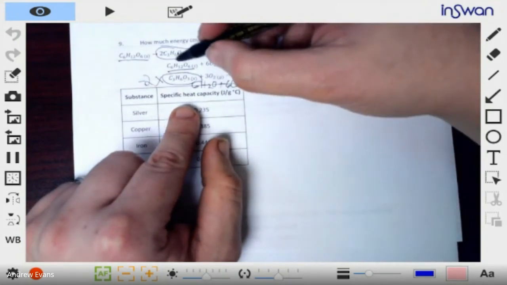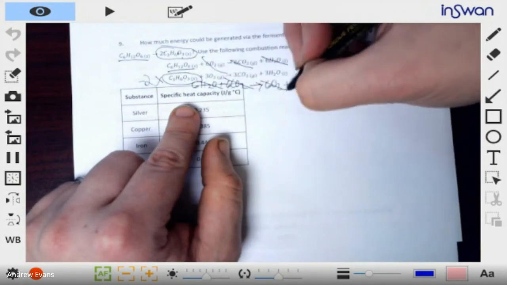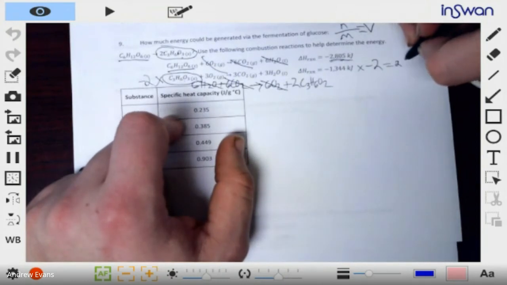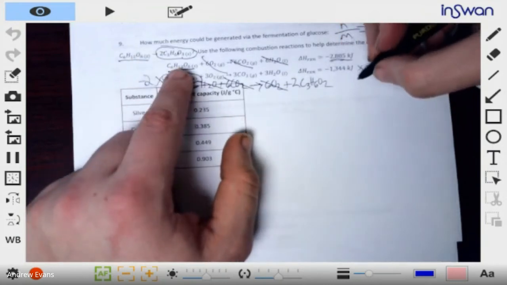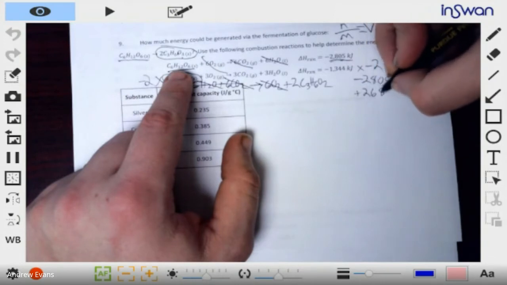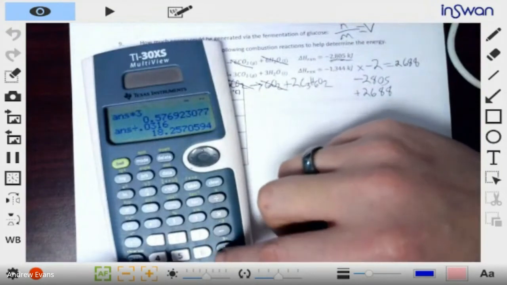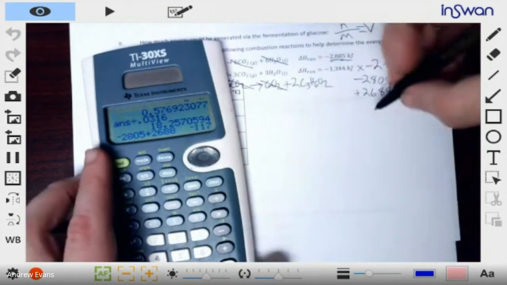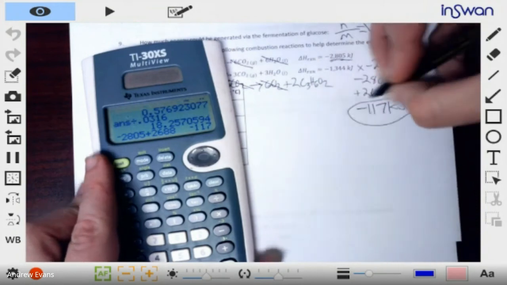So when you do that, the 6 waters cancel out, the 6 CO2 cancel out, the 6 oxygen cancel out. You get your overall equation. That becomes 2688. So when I add these two equations together, I'm adding 2805 plus positive 2688, and that'll be our energy. 2805 plus 2688 gives you -117 kilojoules. That's our answer.